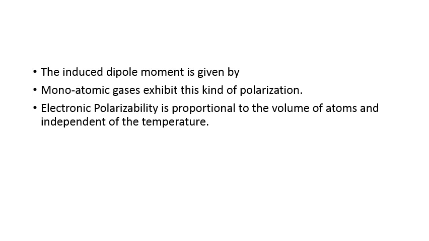Monoatomic gases exhibit this kind of polarization, as monoatomic gases don't have a permanent dipole moment. Electronic polarizability is proportional to the volume of the atom and independent of temperature. It is not dependent on temperature, it depends only on volume.